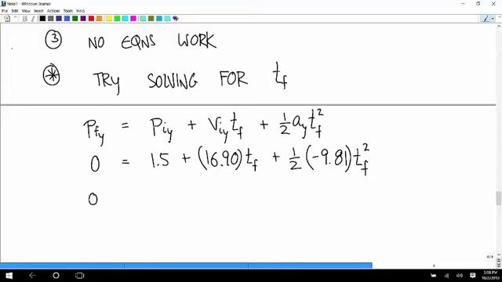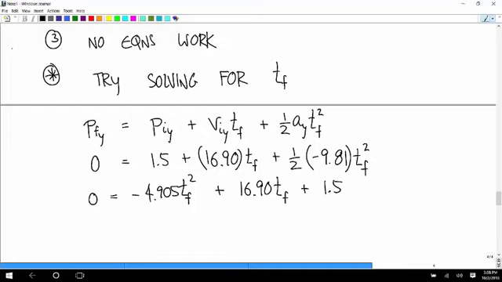And I'm going to rewrite this as 0 is equal to negative 4.905 TF squared plus 16.90 TF plus 1.5.